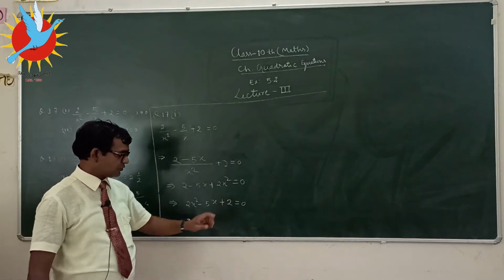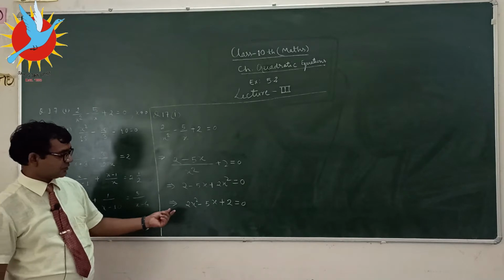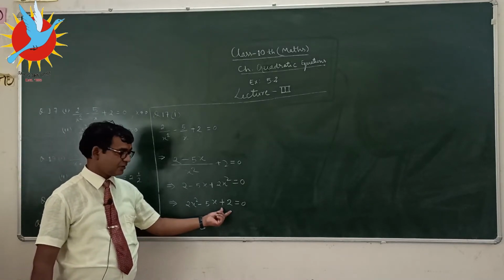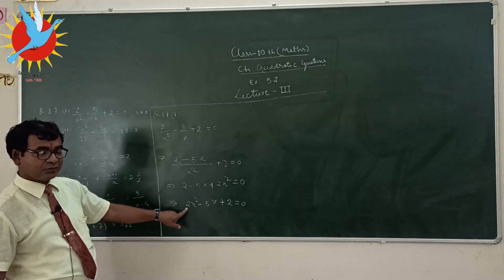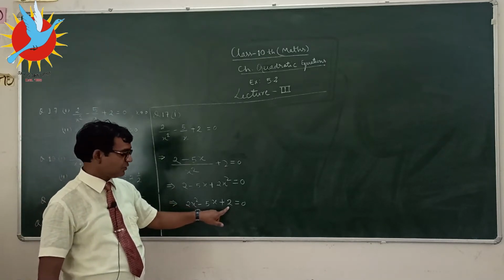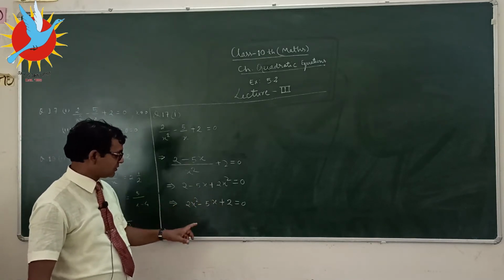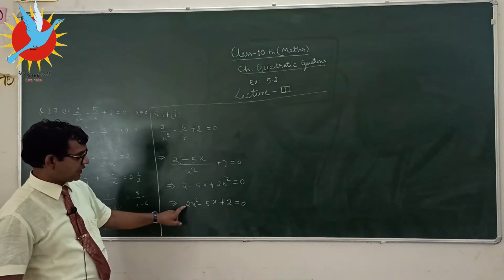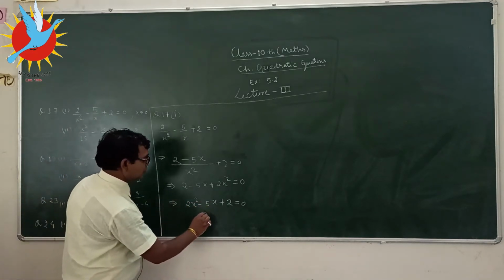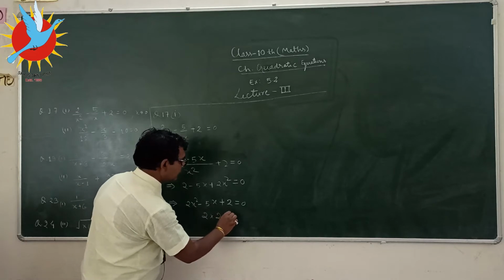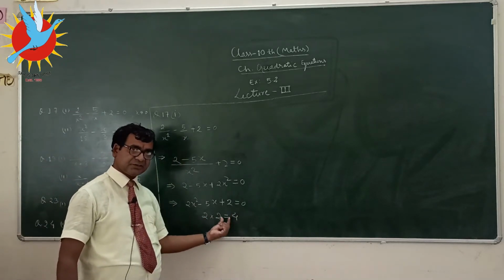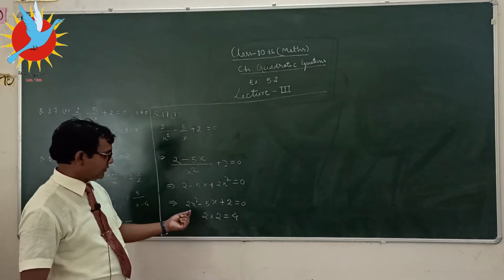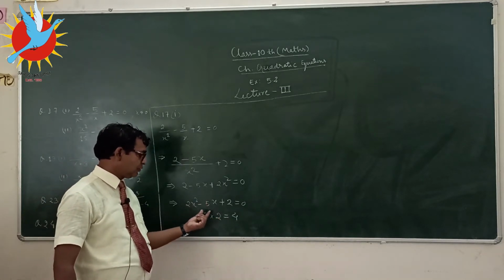Now we have to solve this quadratic equation by the method of factorization. Here the coefficient of x square is 2 and the constant is 2, sign of constant is plus. First of all we have to multiply 2 and 2, and 2 times 2 equal to 4. And now we have to find two factors of this 4 whose sum is equal to 5.